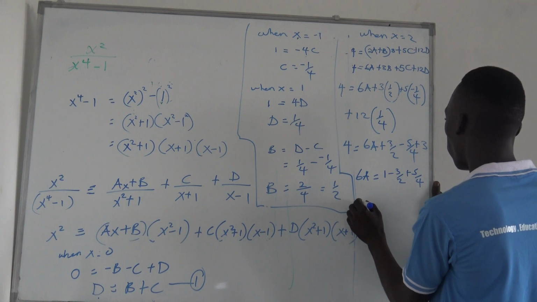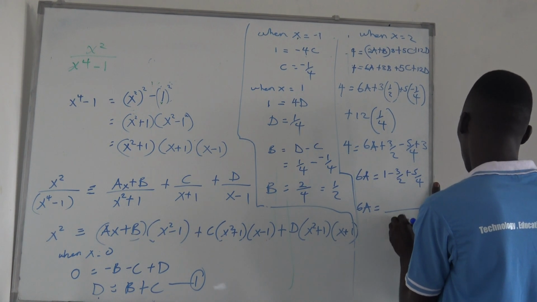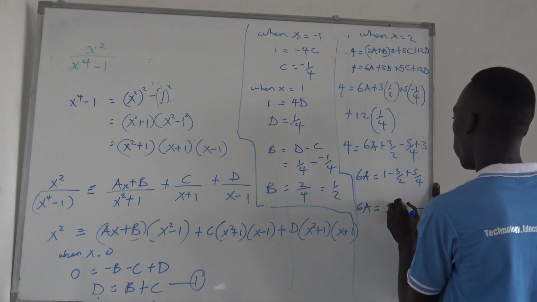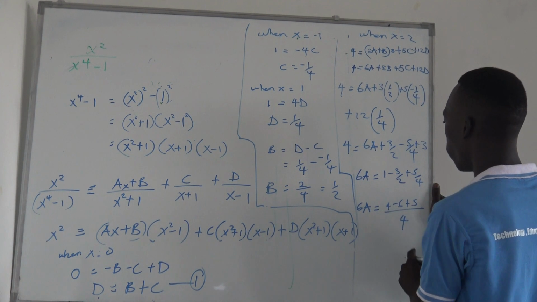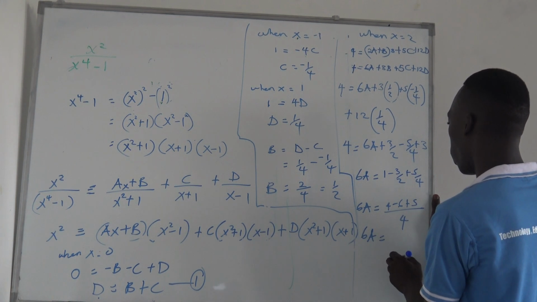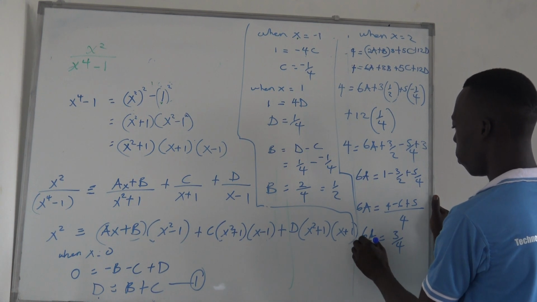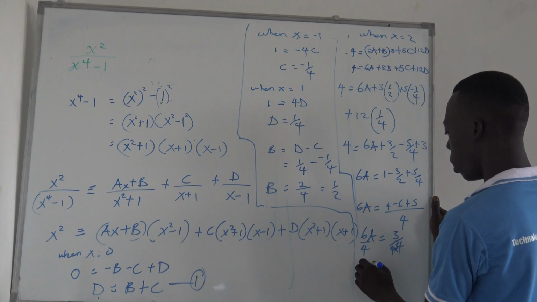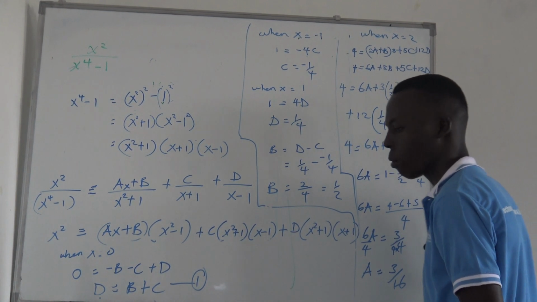So get the LCM, it is 4. 4 minus 6 plus 5, so it becomes 3. So 6a is the same as 3 out of 4. So we divide both sides by 6, so it becomes a is equal to 3 out of 16 as the answer for a.